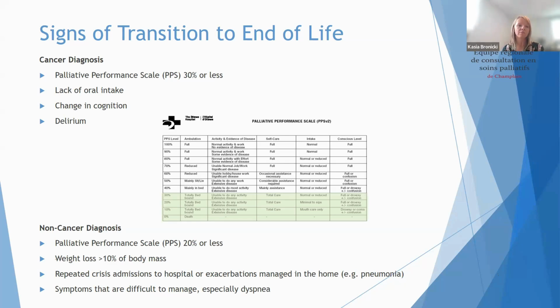We would also look for weight loss, and sometimes we could see repeat admissions to hospital or exacerbations managed in the home, such as pneumonia exacerbations, congestive heart failure exacerbations, and so forth. We often will see symptoms related to that underlying disease becoming worse, such as worsening dyspnea. The PPS can also be helpful in determining hospice eligibility and just painting an overall picture of how that individual is doing.